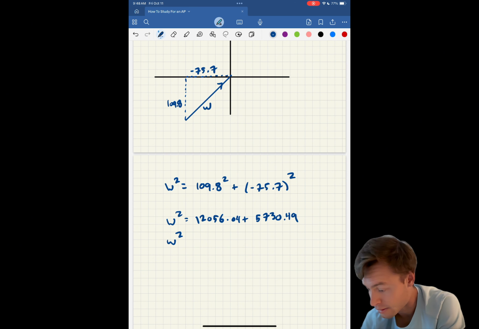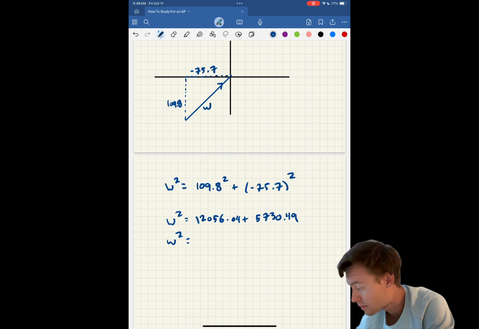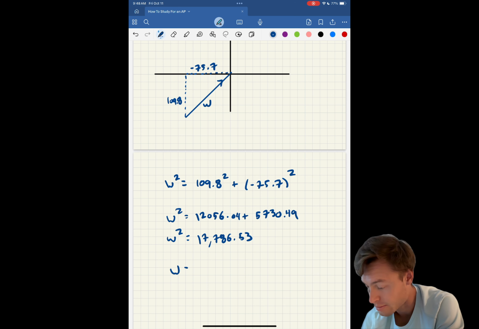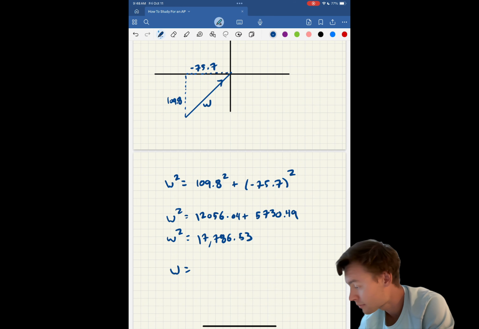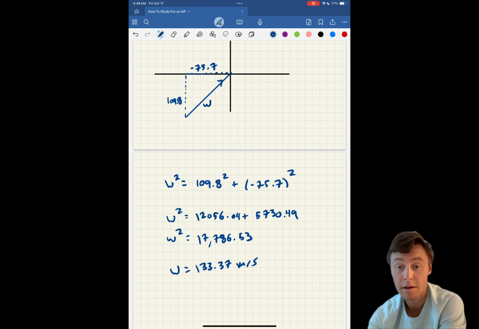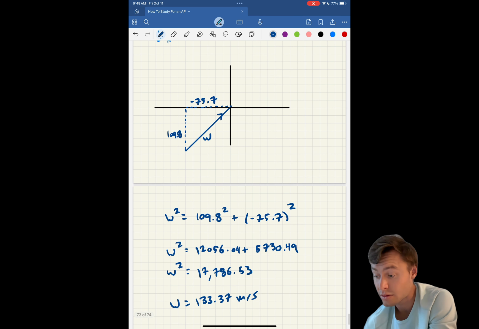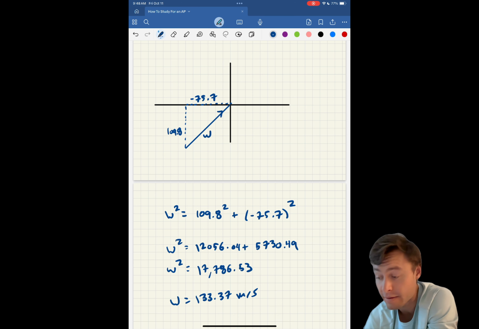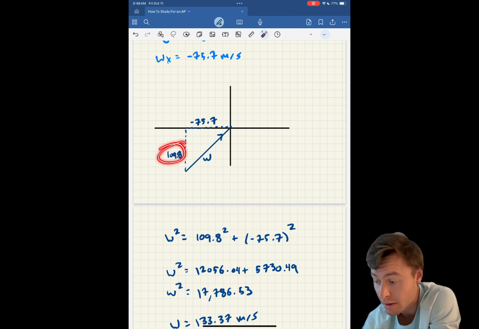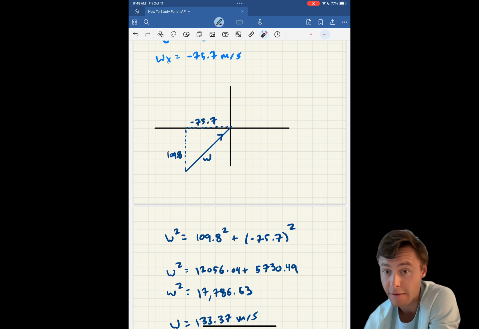Add these two together, W squared equals 17,786.53. Take the square root of both sides. 133.37 meters per second. So that is the total magnitude of our wind vector, which we got by solving for the vertical and the horizontal components of that vector.